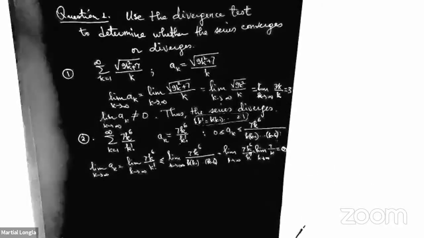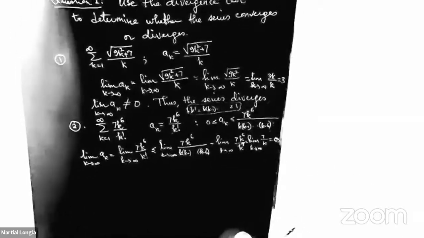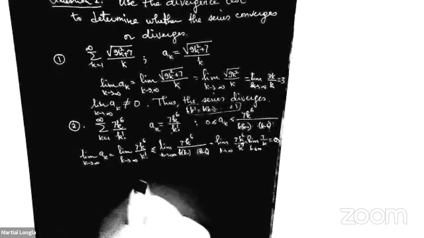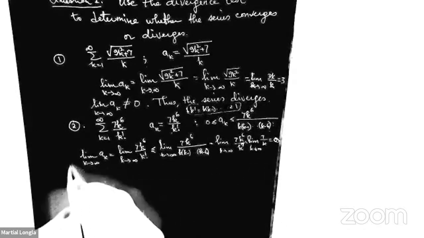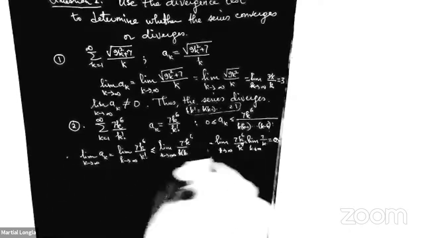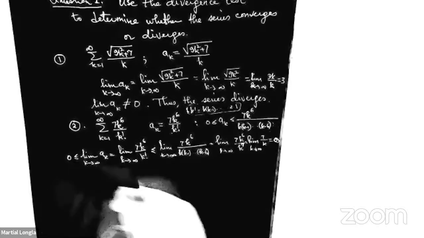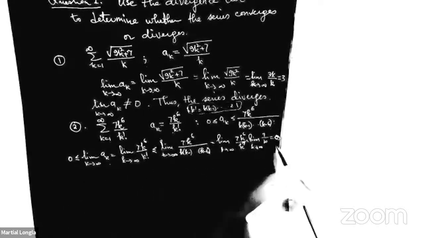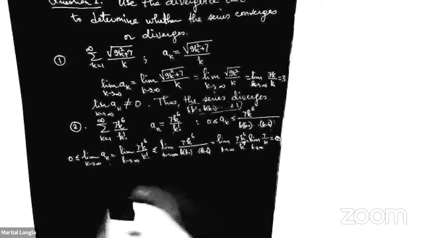So the limit of a_k in this case is 0. Why? Because of the work that you've completed. So you have on this side, based on this, by the squeeze theorem, 0 is less than or equal to the limit of a_k and less than or equal to 0.